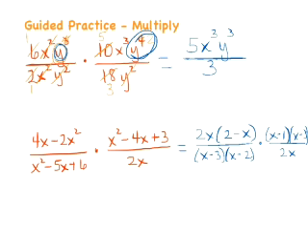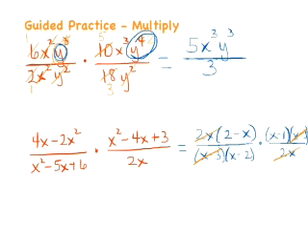So now for our canceling, I can cancel out the 2x's. I can cancel out the x minus 3's. And then here's another case where we have same terms being subtracted, but in reverse order.